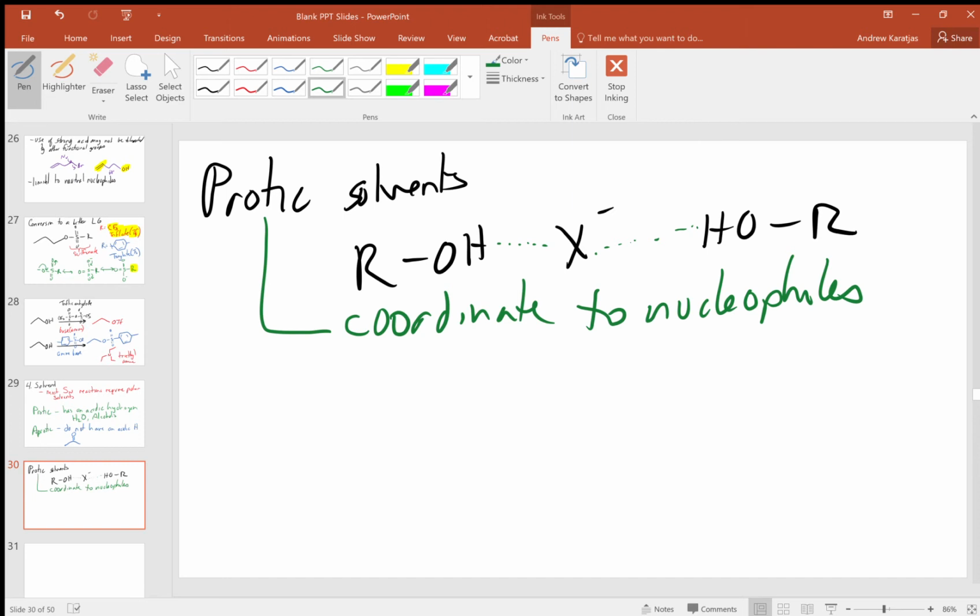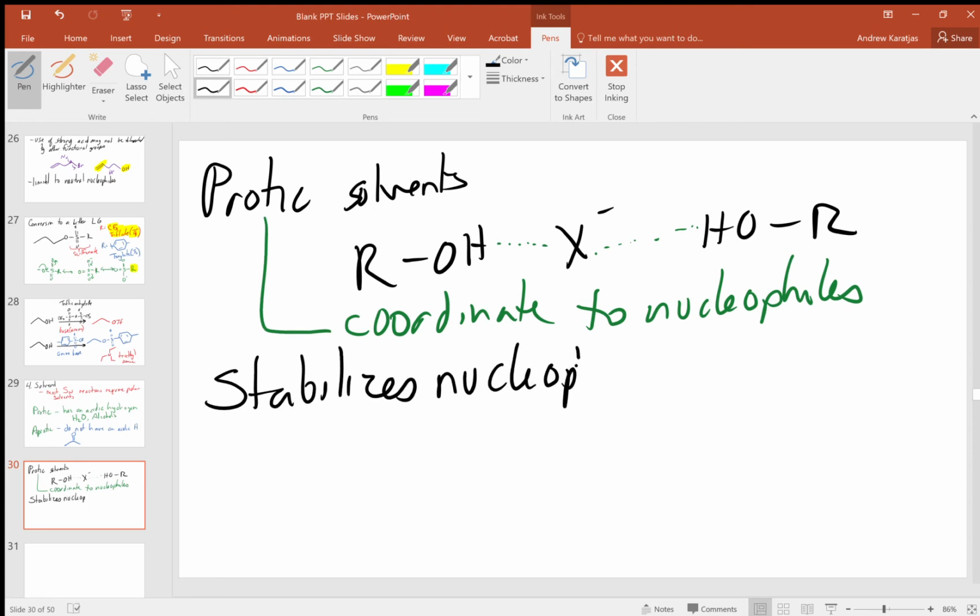What does this do? What's the consequence of this? Well, this stabilizes the nucleophile. As a result of stabilizing the nucleophile, it lowers its ground state energy.